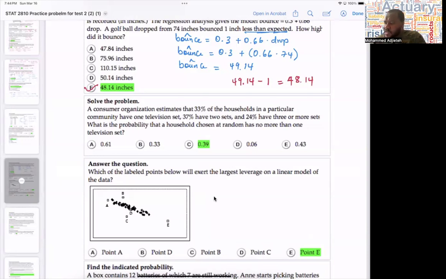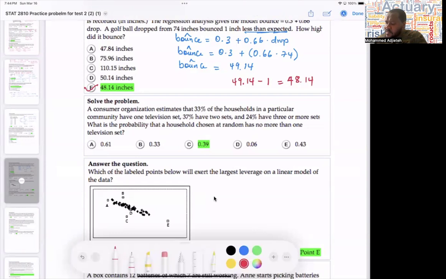So have one television set. That is going to be, so let's try to put that information down. So if X is the number of television sets you have, we know that P of X equals 1 is what? 0.33.